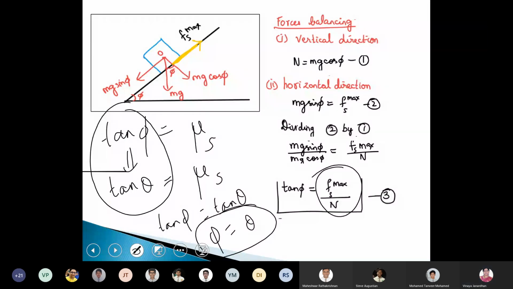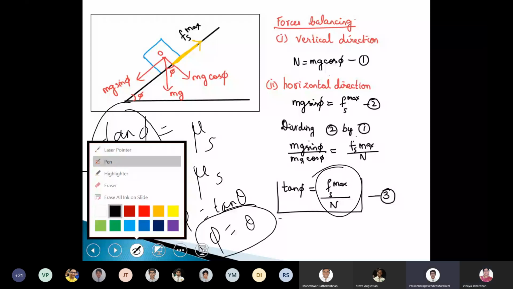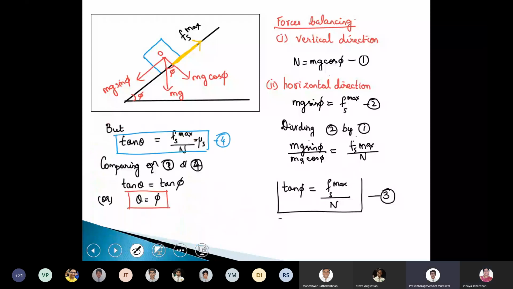Yes or no, boys? Ma'am, how is Fs maximum here? No, the body is just beginning to slide. When the body just begins to slide, the frictional force is always taken as the maximum static frictional force. So what is maximum static frictional force? That we call limiting friction. What is that? The frictional force between two bodies when one body just begins to slide.